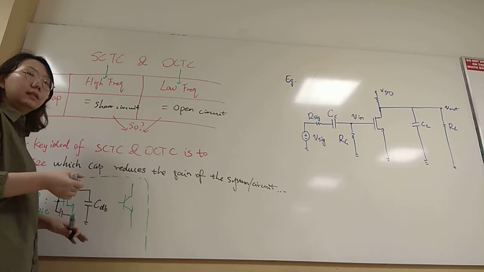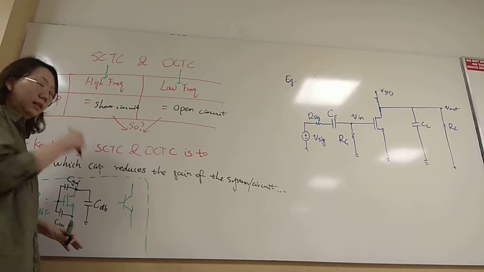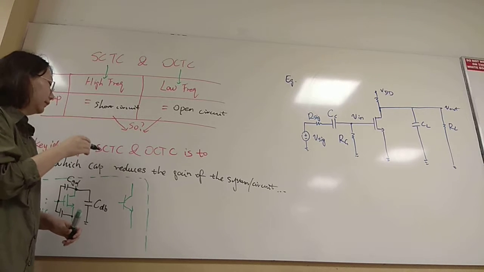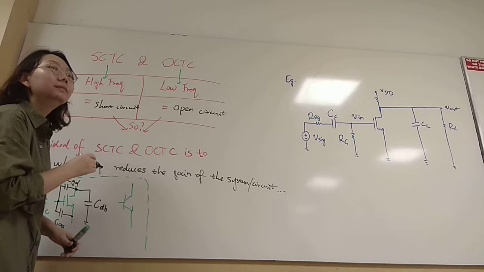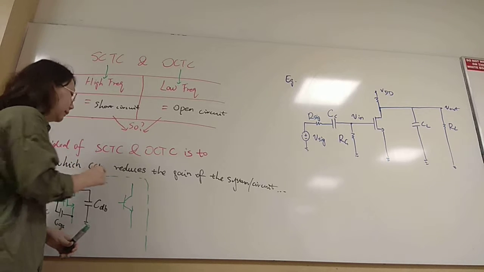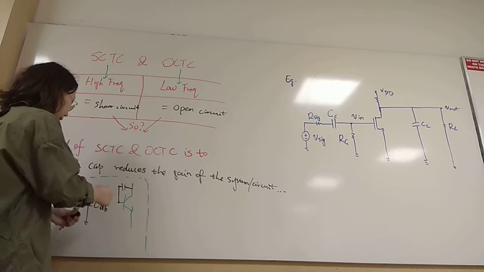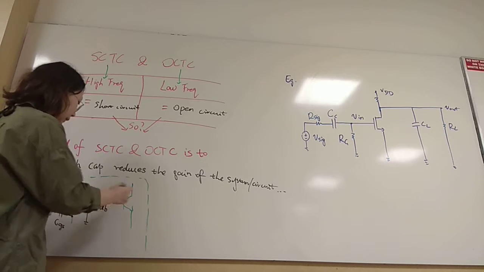BJT parasitic capacitors. Between base and collector, this one is called C mu.